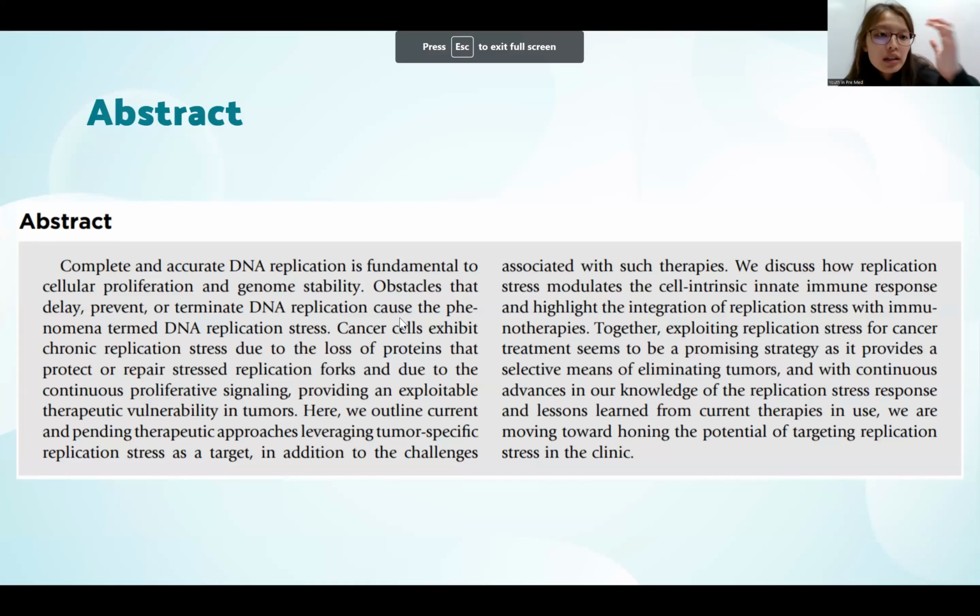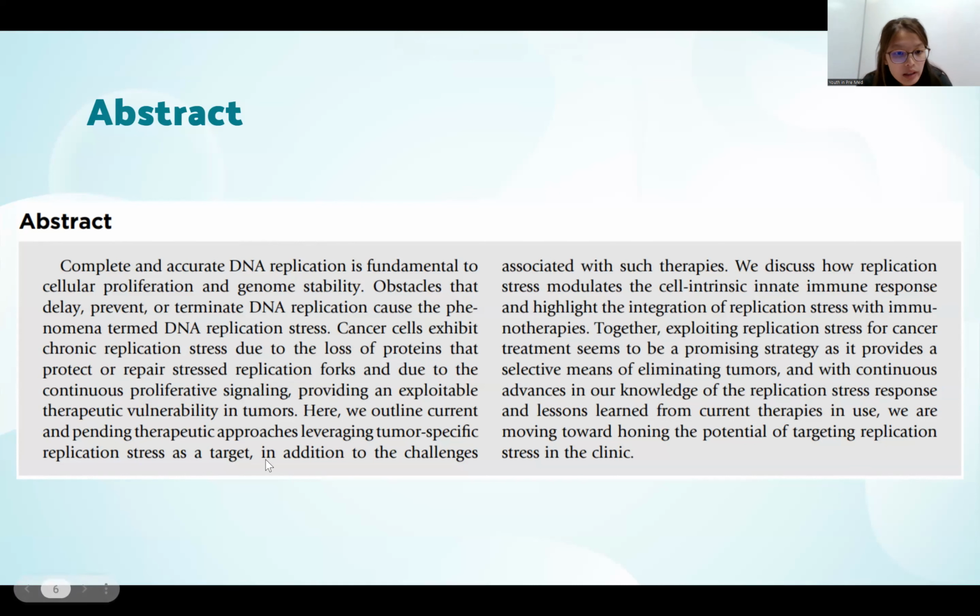Basically this abstract is telling you about the importance of DNA replication. They talk about DNA replication stress and what that is, which is basically any disturbance in the process of DNA replication, and how this is exhibited in cancer cells. Then they move on to talk about therapeutic approaches, so making different drugs that target this replication stress in cancer cells.